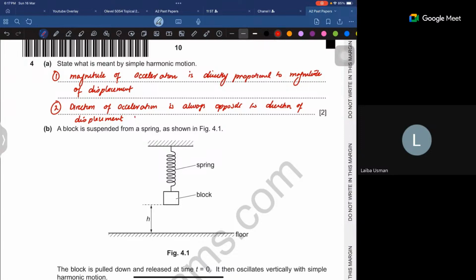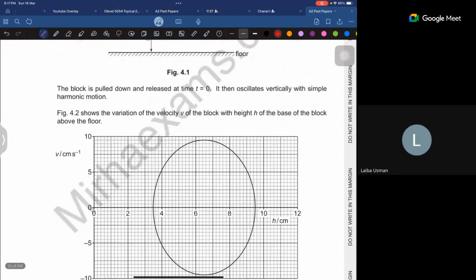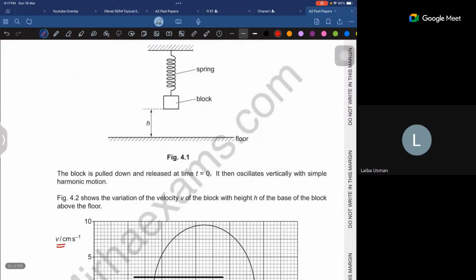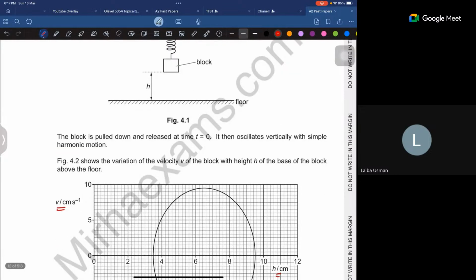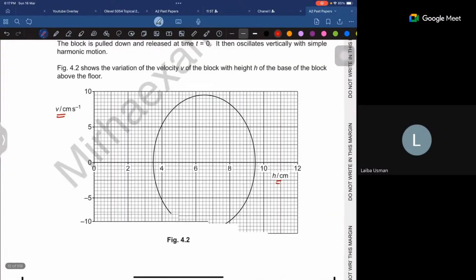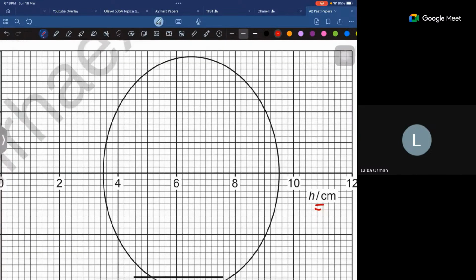Right. Now, speaking of this, we're going to check what the question is about. This is a classic question about displacement and velocity graphs. It says determine the amplitude. Interesting. So what we're going to do is check the maximum values.